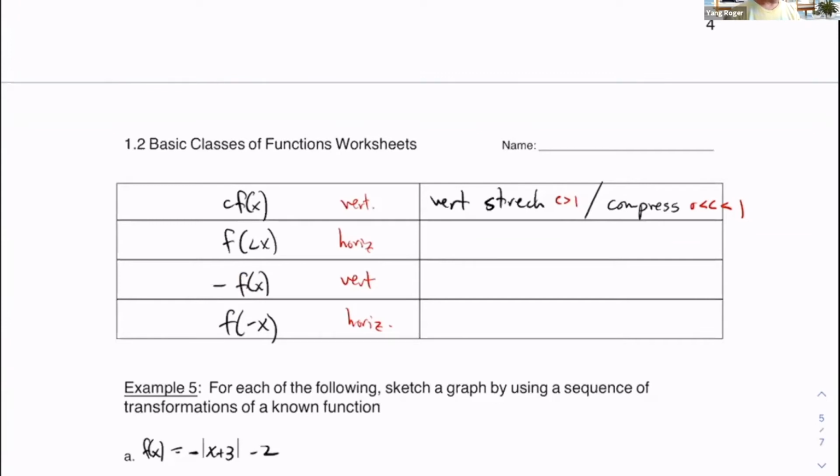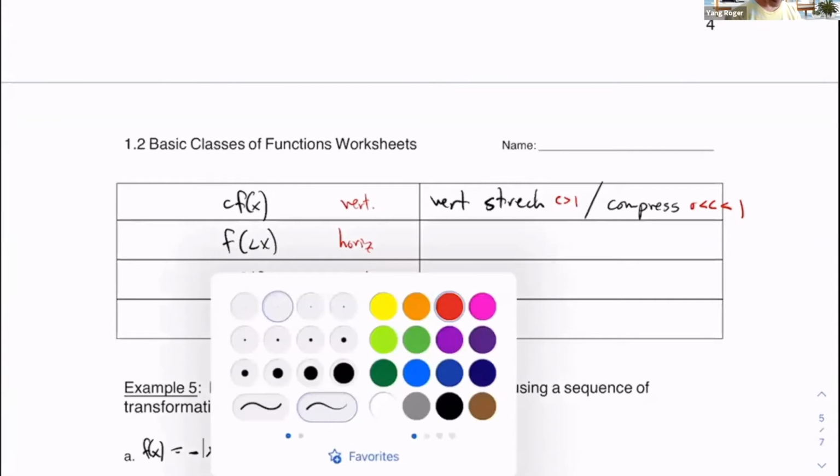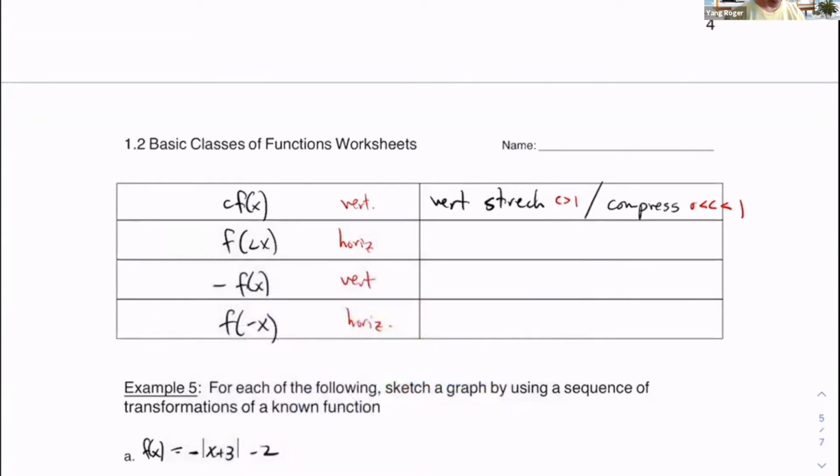If the C is inside the function, then that becomes a horizontal thing. So we get a horizontal stretch or compress. And do you guys know when we have a horizontal stretch?